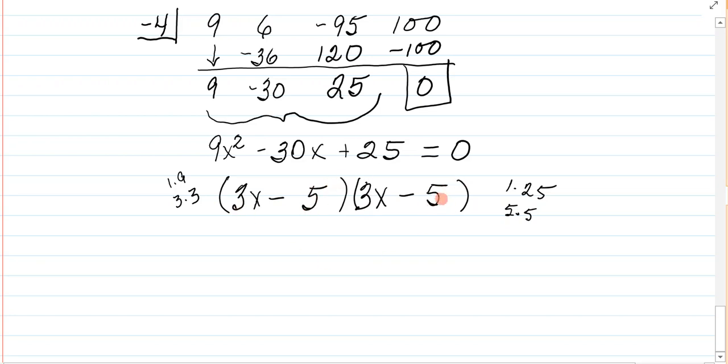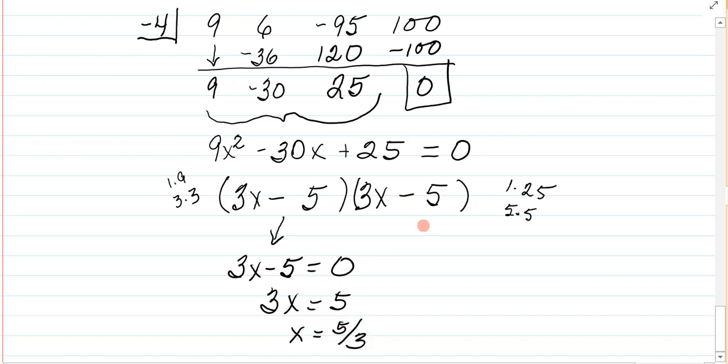That gives me an outer product of -15x and an inner of -15x that adds up to be -30x. If I set 3x minus 5 equal to 0, that means 3x is 5, x is the fraction 5/3.